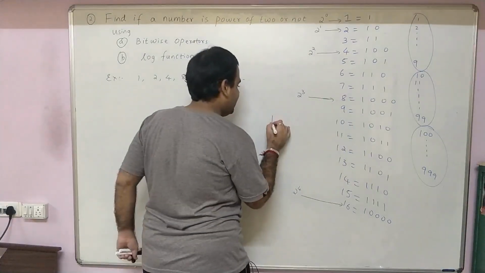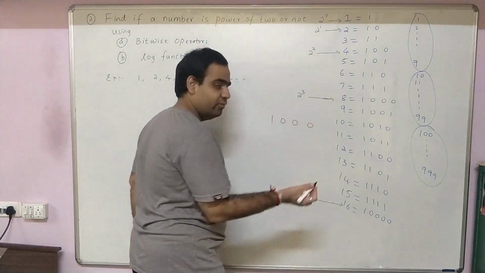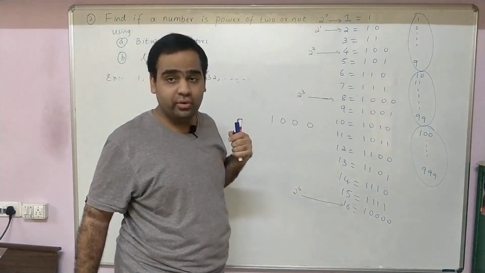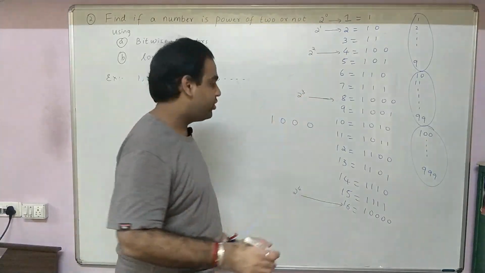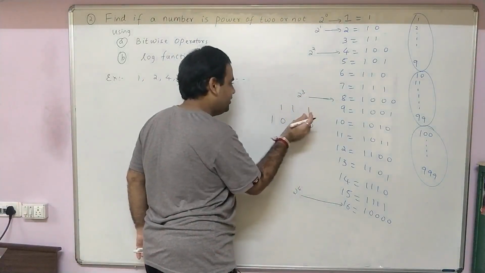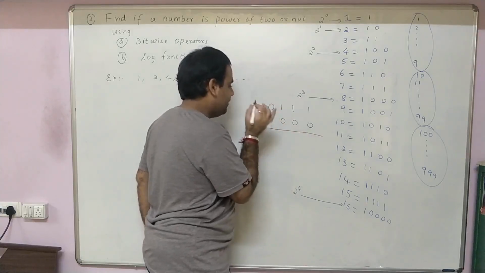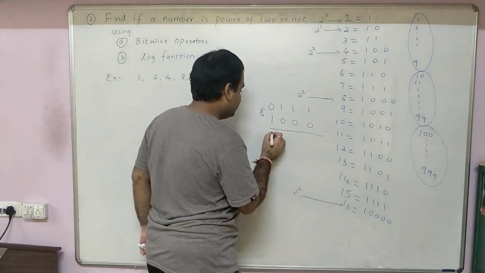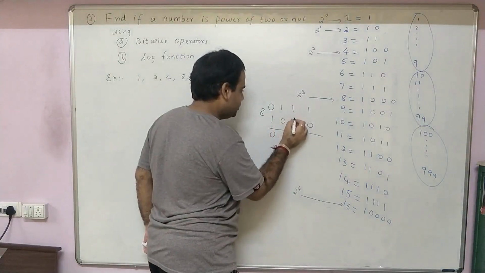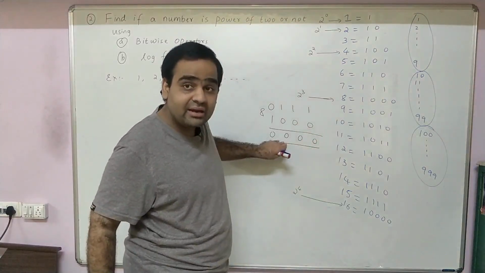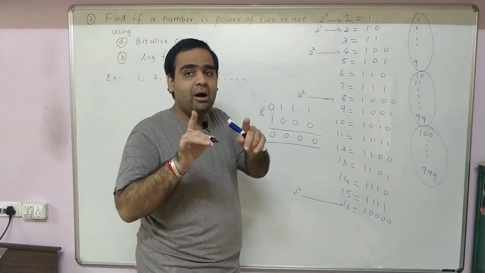Therefore, I can write 1000, which is 8, and consider the number 1 previous to it, which will be all ones, 111. Now if I take a bitwise AND of it, 1 and 0 is 0, 1 and 0 is 0, 1 and 0 is 0, 1 and 0 is 0. If you get the answer as 0, it is a power of 2.